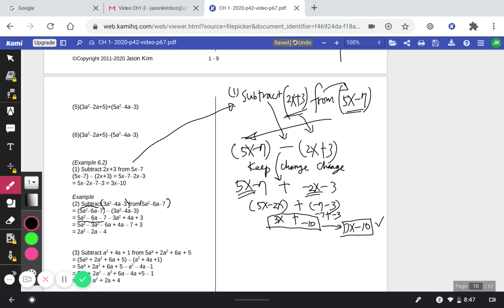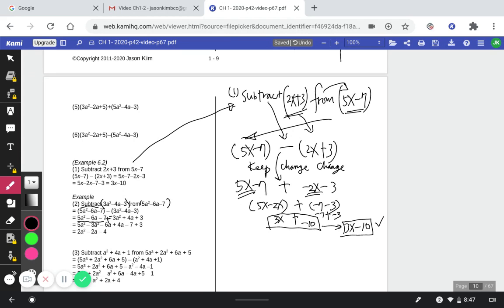Now plus, this 3a becomes negative 3a. Actually I made a slight mistake, but you can say plus here with a negative 3a squared, and minus 4a becomes plus 4a, and minus 3 becomes plus 3.